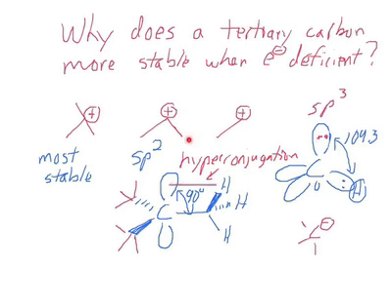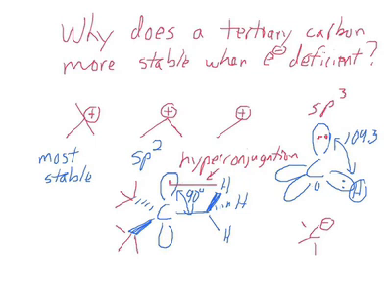Remember we don't draw the H's in there, but they're there. Does everybody see that hyperconjugation principle and how we get it stabilized? So tertiary, we have more adjacent sigma bonds. The more of these sigma bonds we have next to it, the more we can help stabilize this empty orbital, or electron deficient orbital.